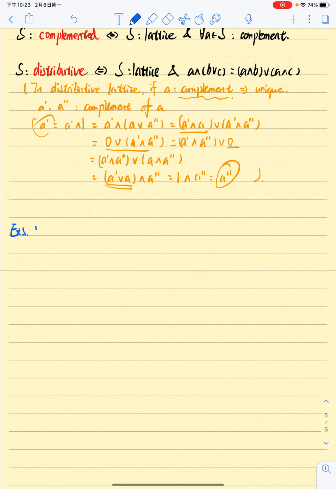Example 4. Let S be the set of all positive integers that are square-free, that is, not divisible by any square of a positive integer.